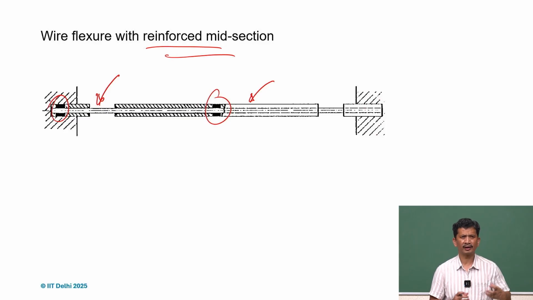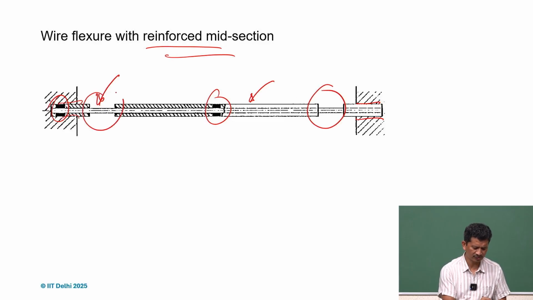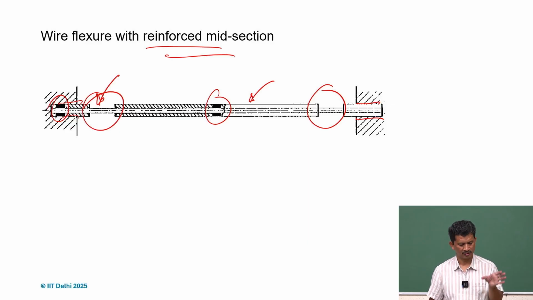What we also realize is that this also gives us more area for clamping and for assembly. So this is way better than just securing a thin piece of wire. And of course, this is the middle section, which is the compliant section. So this way also we can get a reinforcement. We can reinforce the mid section, and we can always get a better performance.